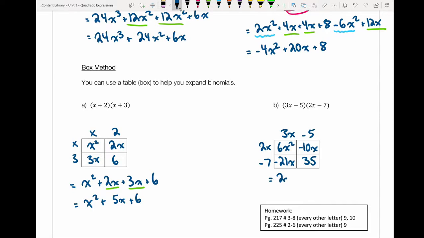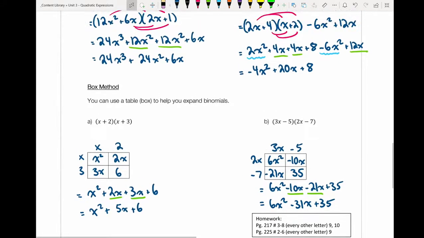So those are all my terms. So 6x squared minus 10x minus 21x plus 35. I can see that I have some like terms. So 6x squared minus 31x plus 35 is my simplified expression.